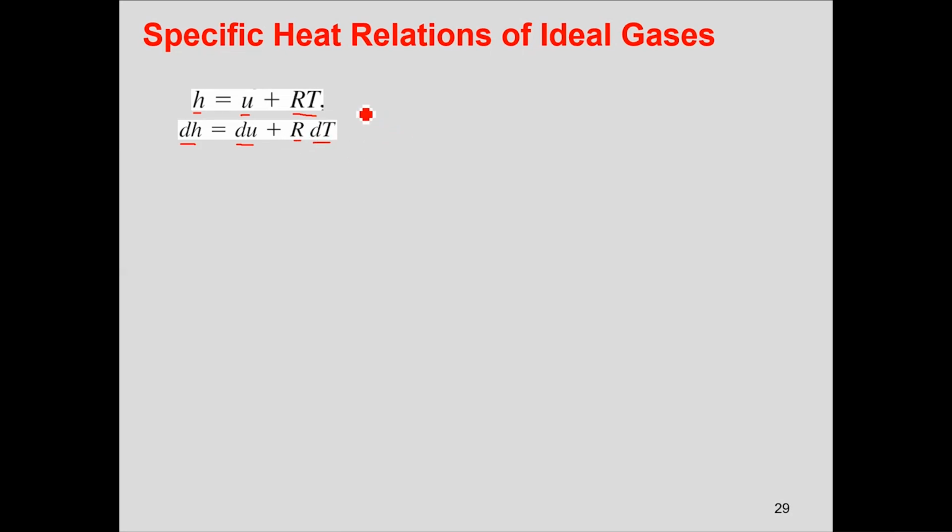Now you know that dh is essentially equal to Cp dT, and du is essentially equal to Cv dT. This is known to you.